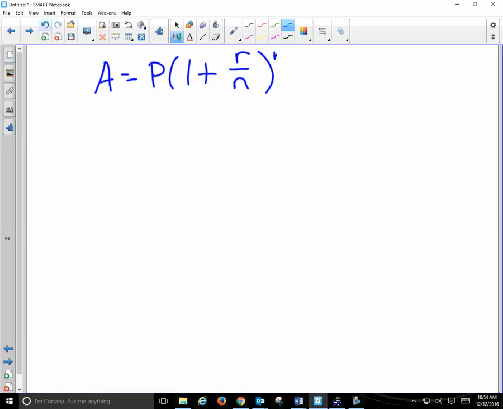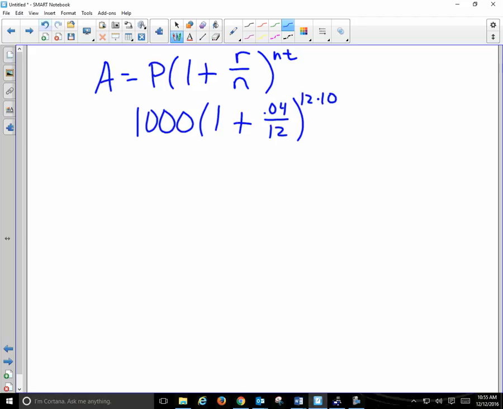I'm going to give you $1,000, and we're going to invest it at a rate of 4%, and it's going to compound monthly. We're going to leave it in the bank for 10 years. And that's the formula that could tell you how much money you're going to have after it's been invested for 10 years. And we played around with formulas like that.